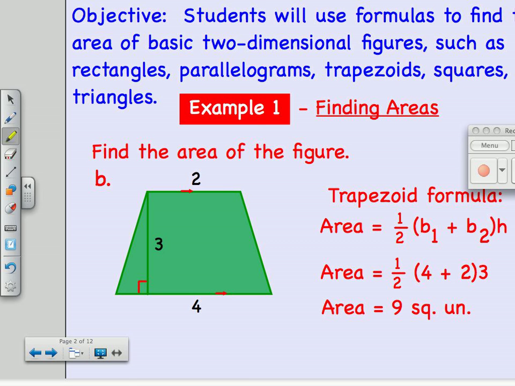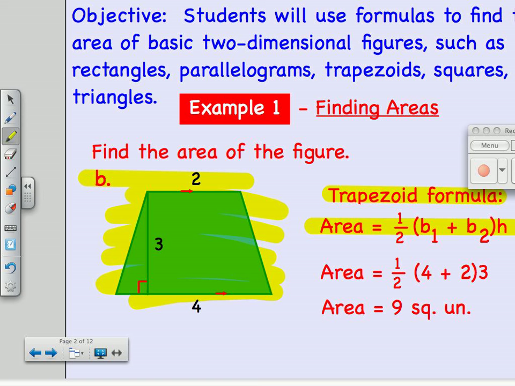In example 1, letter B now, so you don't have to rewrite letter B, but you just have to do the new shape, which is a trapezoid. Trapezoid formula. Make sure you write the formula. Area is half of the base plus the other base times the height.